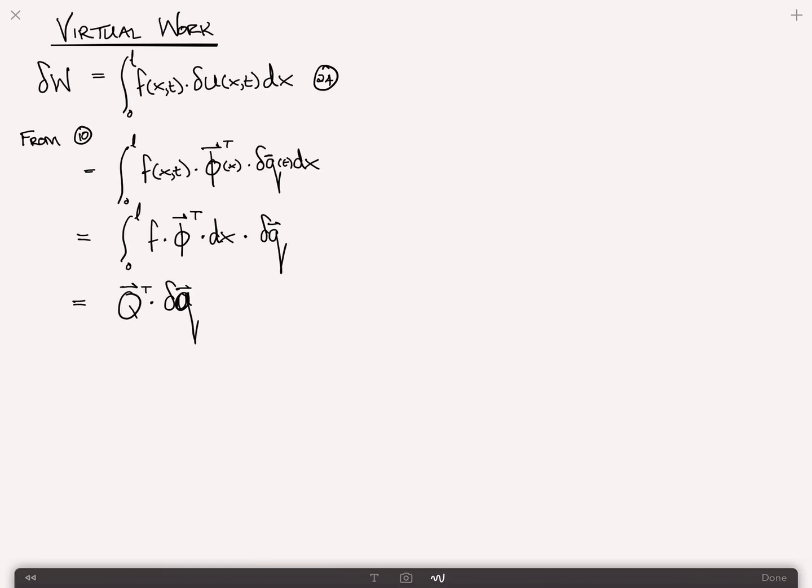Therefore, it can be said that the vector q must be equal to the integral of 0 to L of f of x,t times phi of x dx. Well, instead of phi of x, let me just write that out like this: phi 1 of x, phi 2 of x.